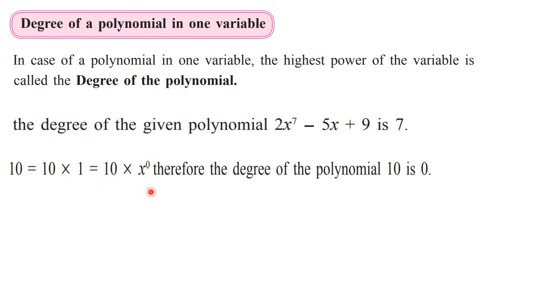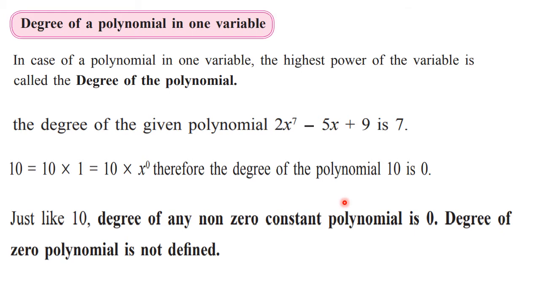So the degree of the polynomial 10 is 0, or the degree of a constant polynomial is always 0. Degree of any non-zero constant polynomial is 0. And for the zero polynomial, that means if we have no terms there, the degree of the zero polynomial is not defined.